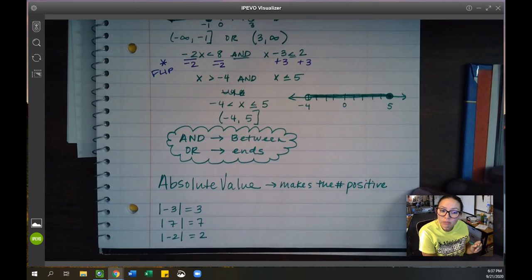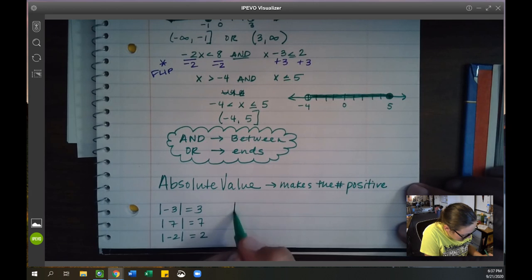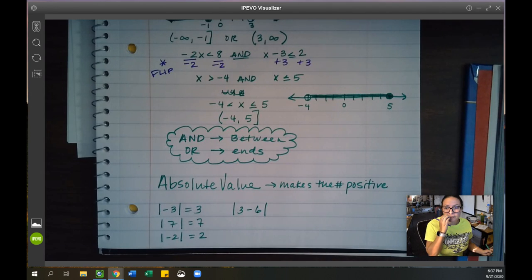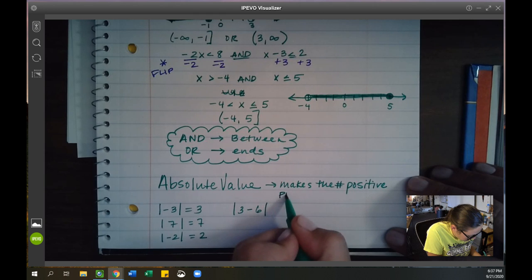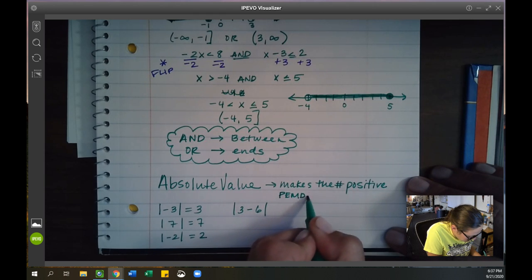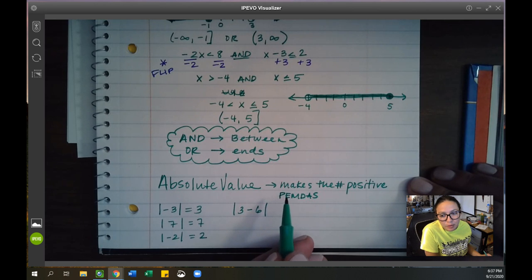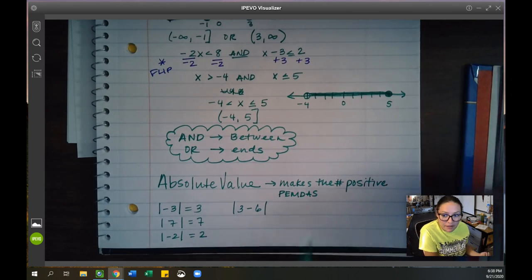But be careful. For example, let's say I have the absolute value of 3 minus 6. Some people might say, oh, I'm just going to change this to a plus, and that makes it 9. No, you have to follow PEMDAS. Now, P doesn't stand for absolute value, it stands for parentheses, but you almost have to think of this absolute value like a parentheses.